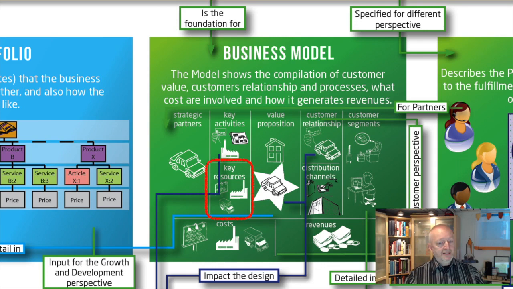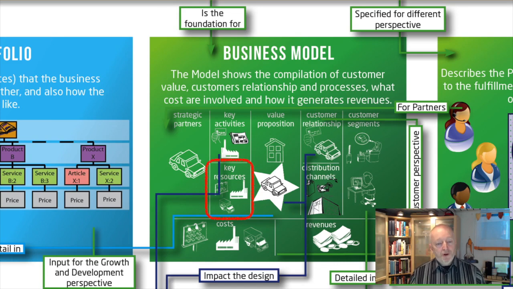You maybe need a phone where you can call them, or they can call you in on a group call. For example, if you have a group call every Monday morning with your clients, you need a phone set up. All those things are key resources because without them you can't deliver the value for your customers. So you need to understand all these key resources.